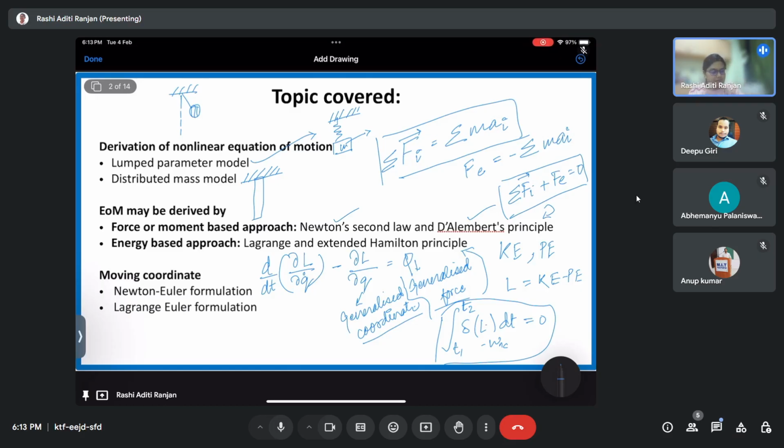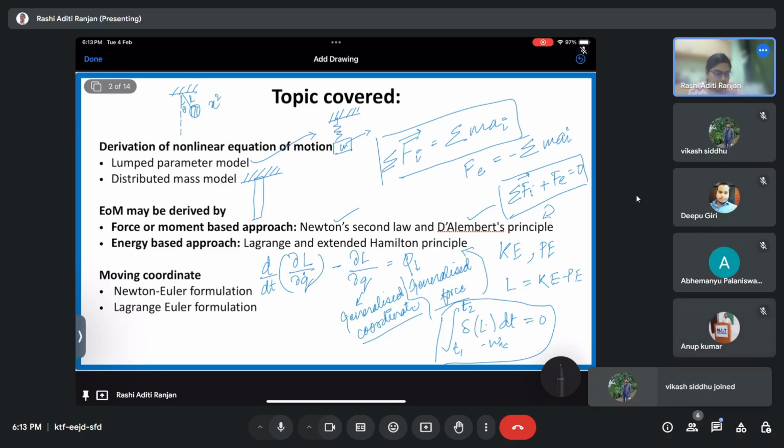But we usually write its equation in terms of theta, which is actually the angular displacement with respect to the vertical line. Why? Because the length of the pendulum is constant, because of which, if I consider the x and y, I have this constraint relation x square plus y square is equal to L square, because of which I can find a relation between x and y, and I can see that x and y can be related to each other, right?